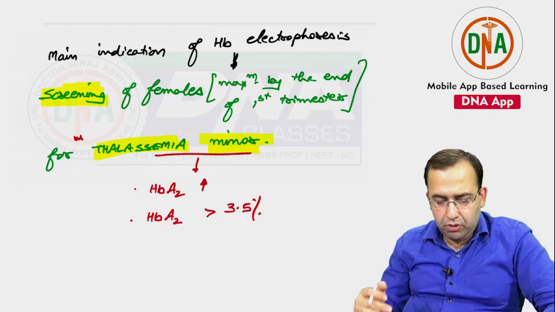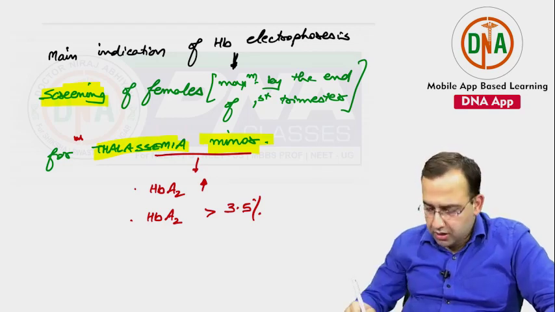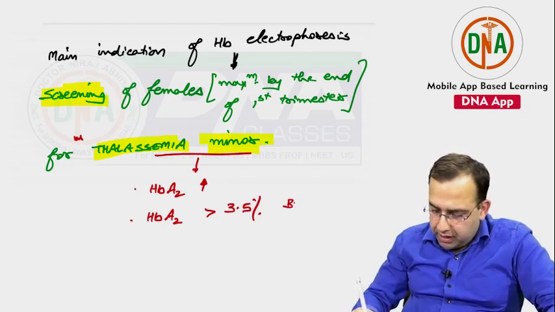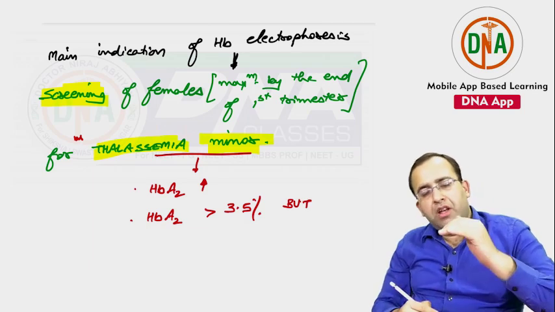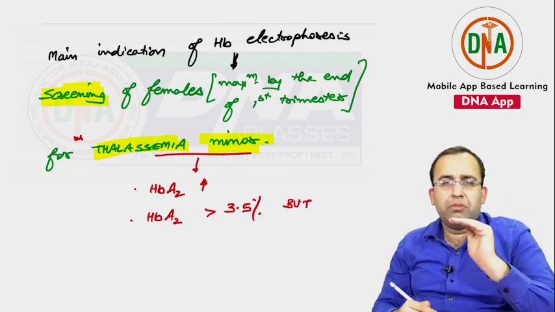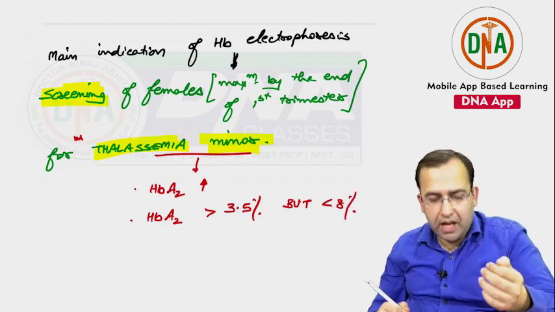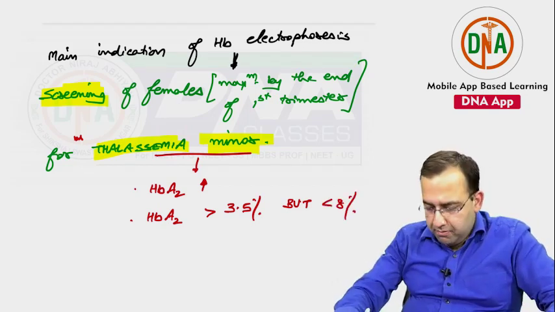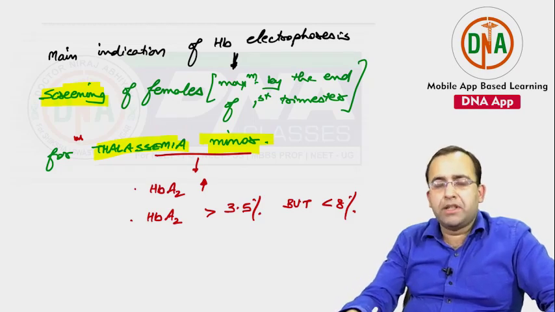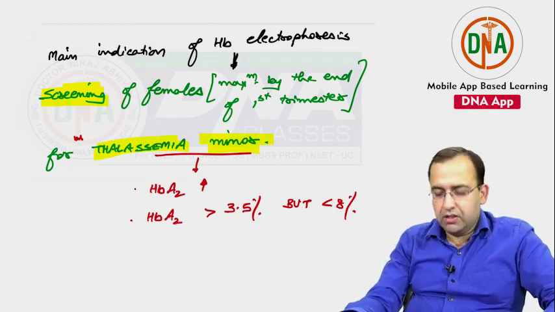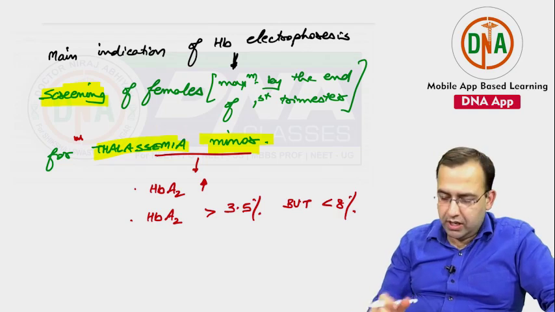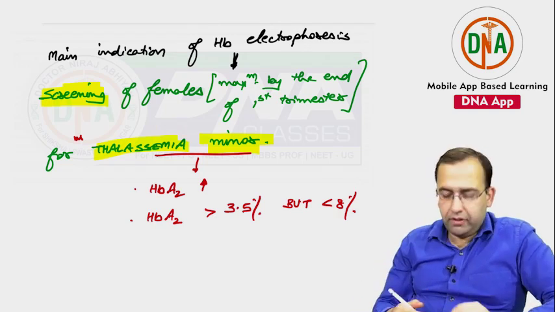But what is the upper cutoff? Even 50% is more than 3.5. What is the upper cutoff? But less than 8%. This is hemoglobin electrophoresis, the theory part.